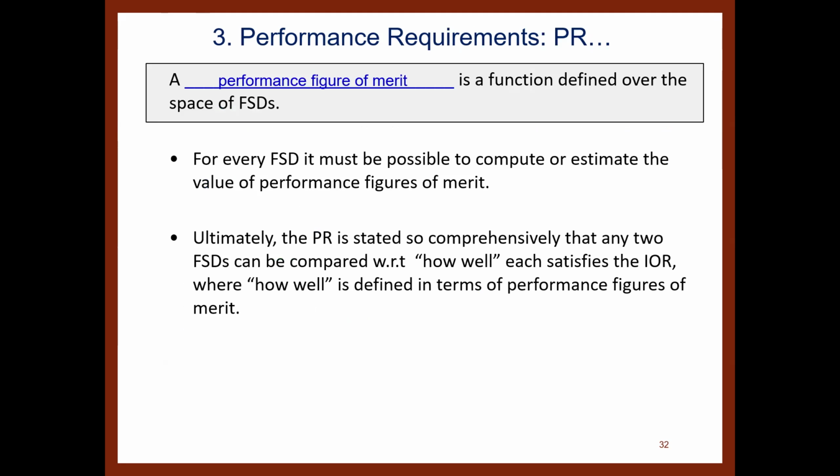So a performance figure of merit is a function defined over the space of the functional system designs. For every functional system design, it must be possible to compute or estimate the value of the performance figure of merit.